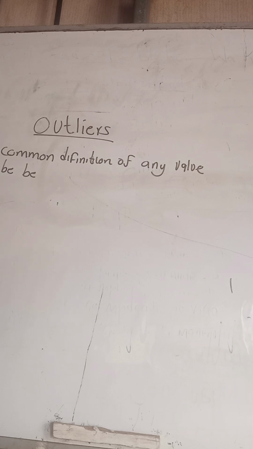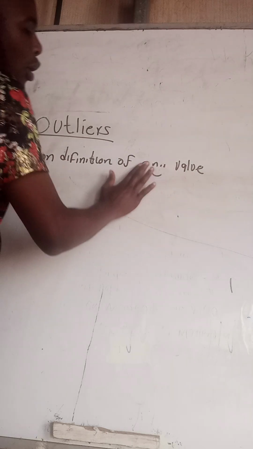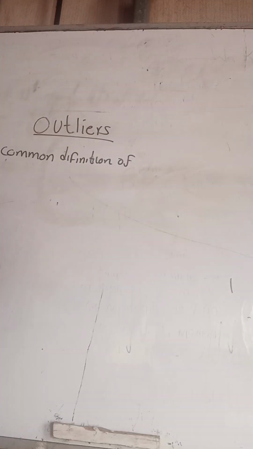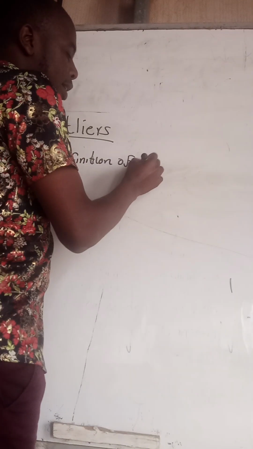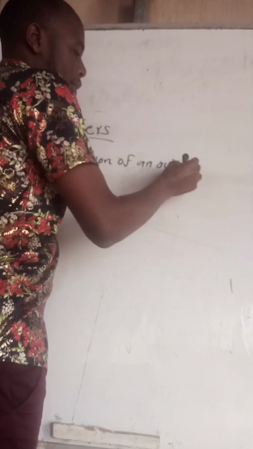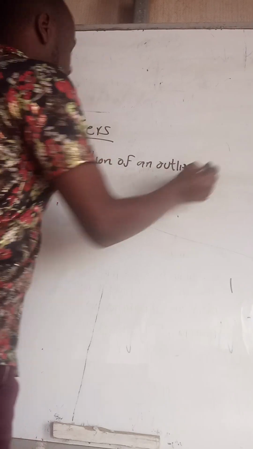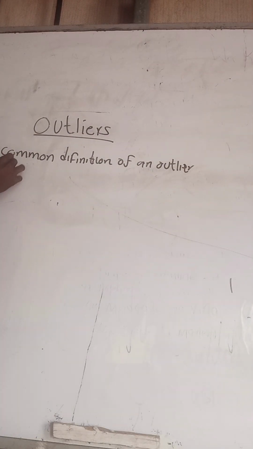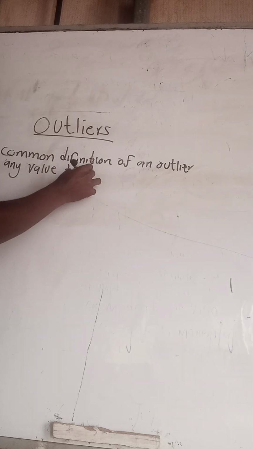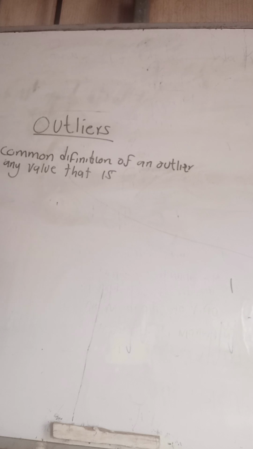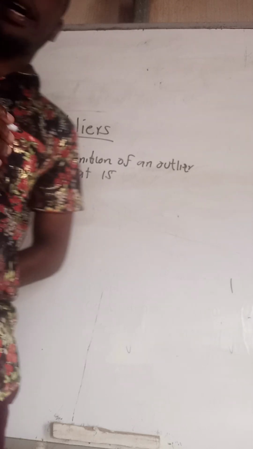So a common definition of an outlier is any value that is... So we have two conditions here for us to determine an outlier of a given pattern of data.